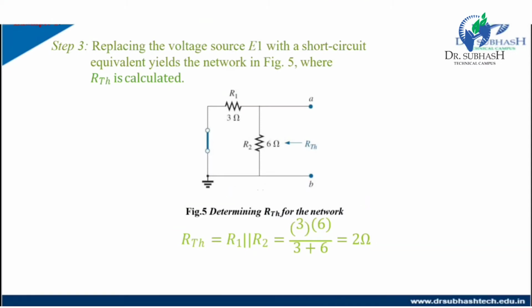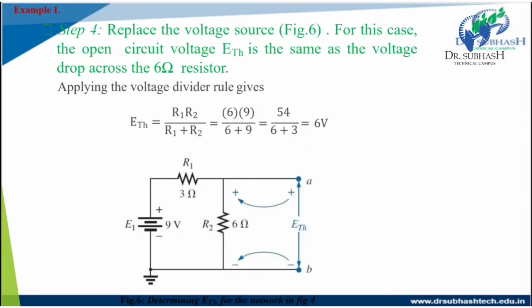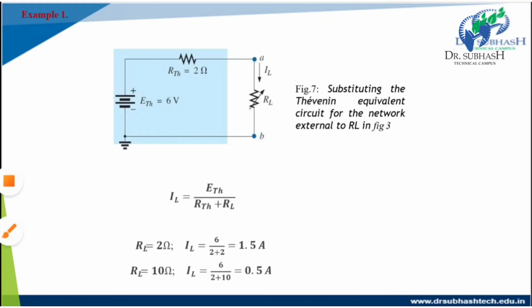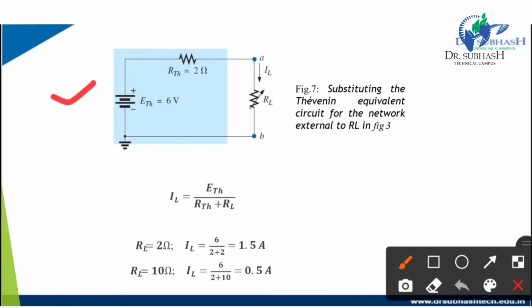So now we will move to our step 5. It is the equivalent circuit of Thevenin's theorem. Now we have ETH 6 volt, RTH 2 ohm, and whatever we removed in the original first circuit, RL, we put here again.